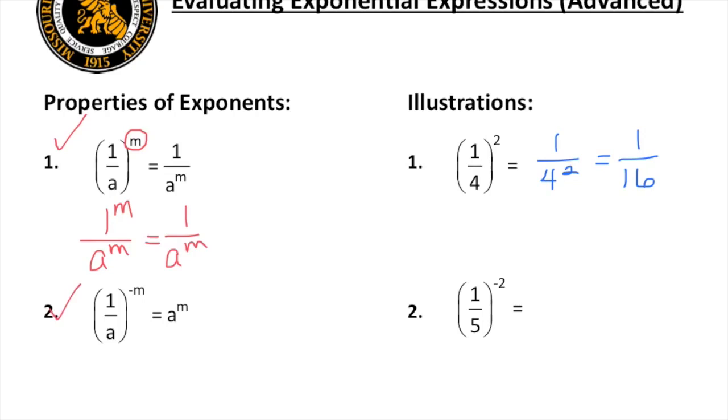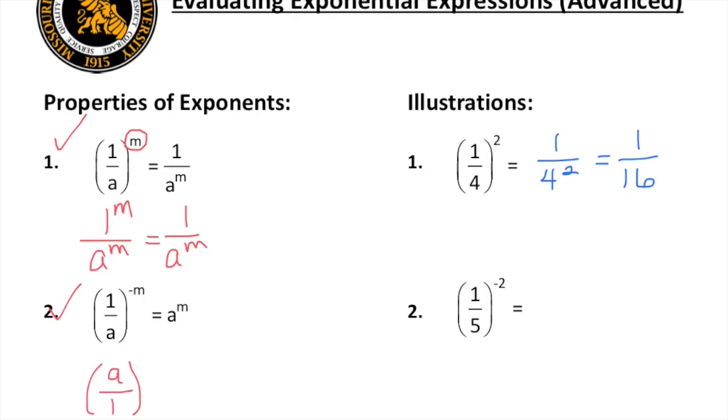Property 2 tells us that if we have 1 over a raised to a negative power m, we can basically flip the 1 over a, making it its reciprocal, a over 1.